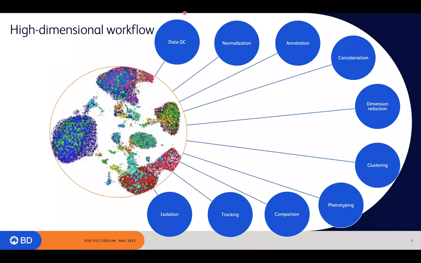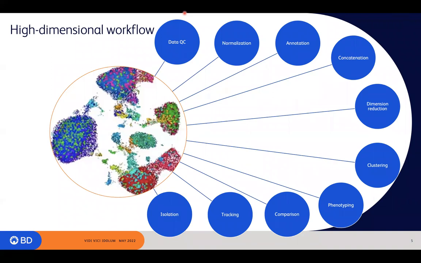But the first step in the high dimensional workflow, and it's common with, of course, our standard immunophenotyping, let's say, of a low parameter or low dimension workflow, is data quality control. I'll talk about the specifics there momentarily. But it's always important to make sure that the data are of good quality before you pass them into t-SNE or UMAP or any of these clustering algorithms.